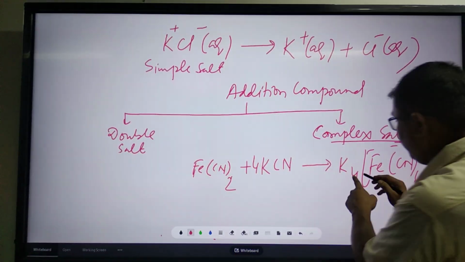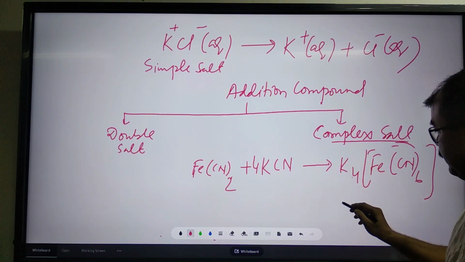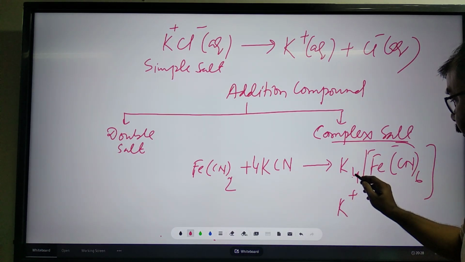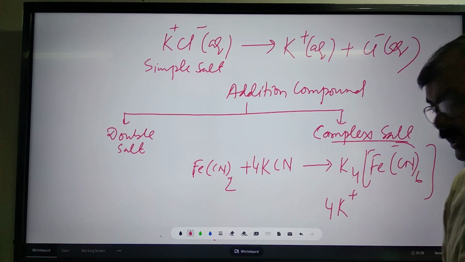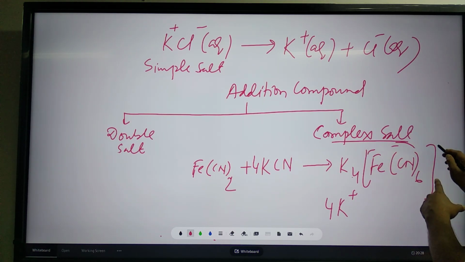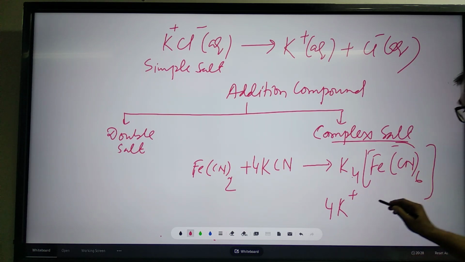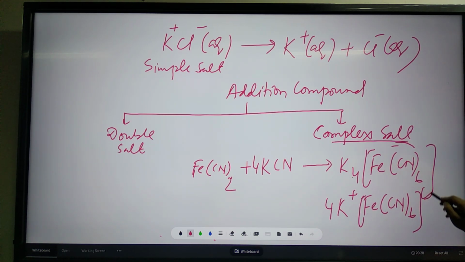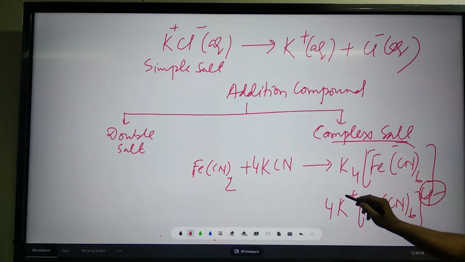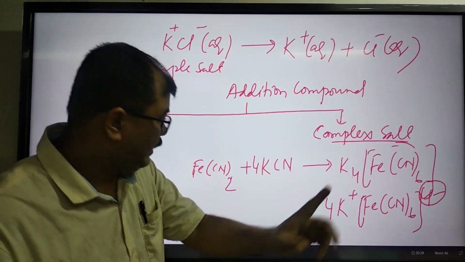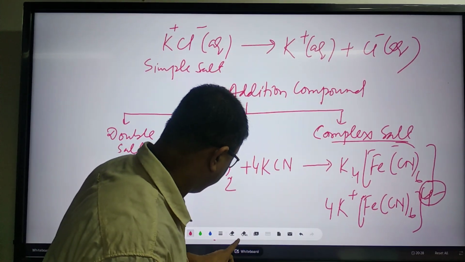Here it is K4. See, potassium is K plus, 4 potassiums are there, means this must be the anion residual charge. The charge of anion, Fe(CN)6, must be 4 minus. See, this is 4 minus and 4 plus. Let me write here once again.